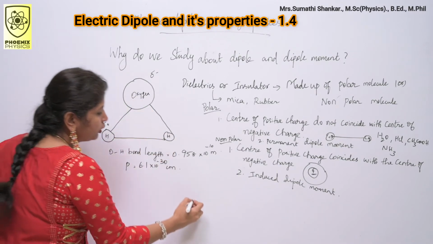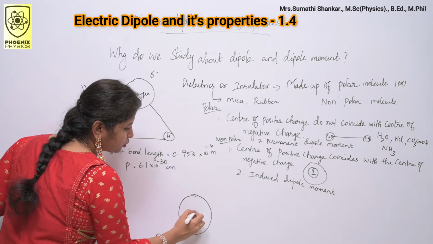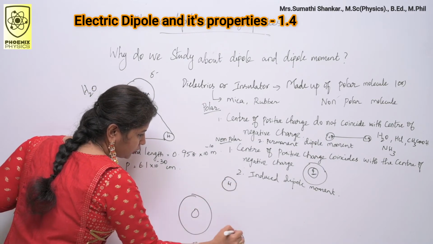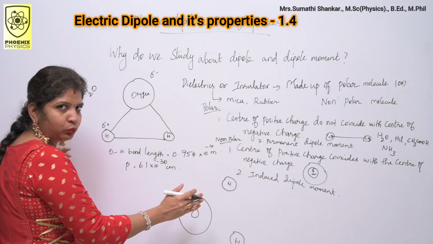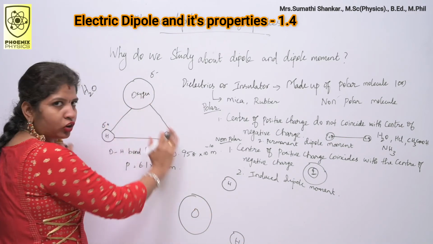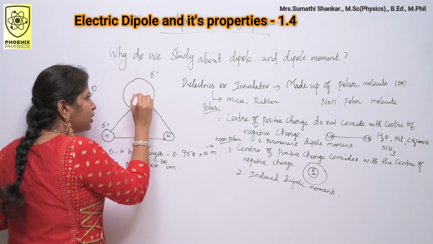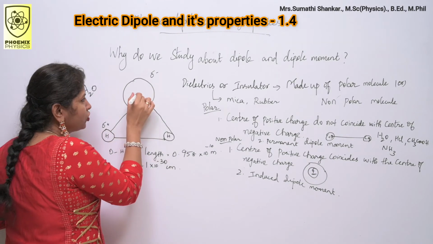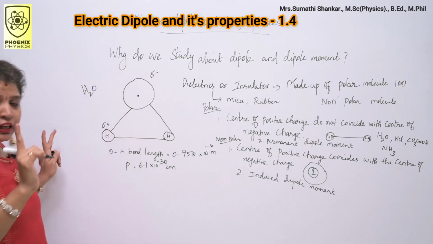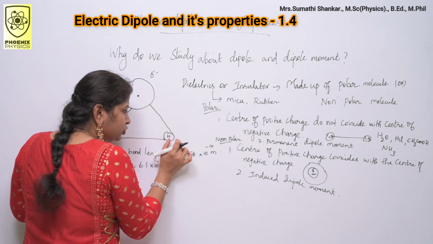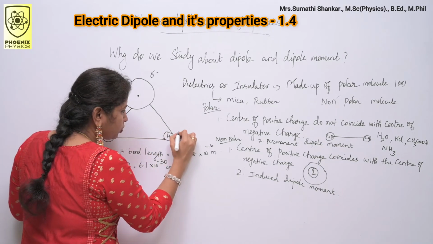So in your book the diagram is given. This is oxygen and this is hydrogen. It is the same diagram, I have drawn it like this for your understanding. So here the center of mass or center of gravity of the oxygen atom is like this. Here I have two positive atoms, one hydrogen atom, this is also hydrogen, this is also positive.